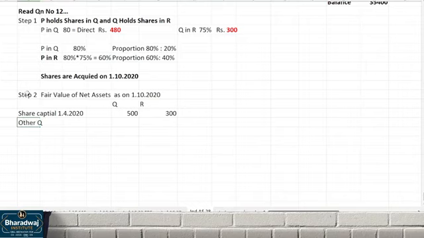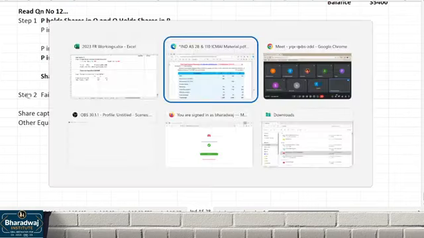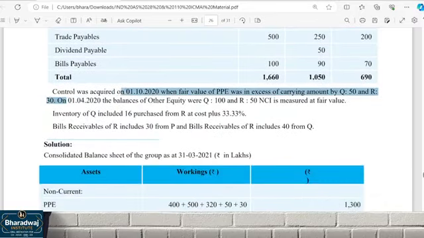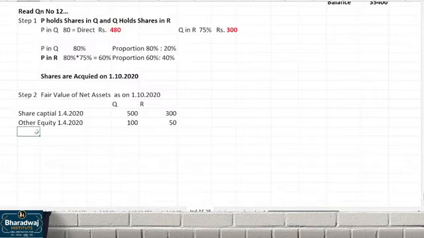Other equity on 1/4/2020, opening balance. How much have they given for other equity? We have given 150 in the adjustment. On 1/4/2020 the balance of other equity is how much? 100 and which one? 50. 150.